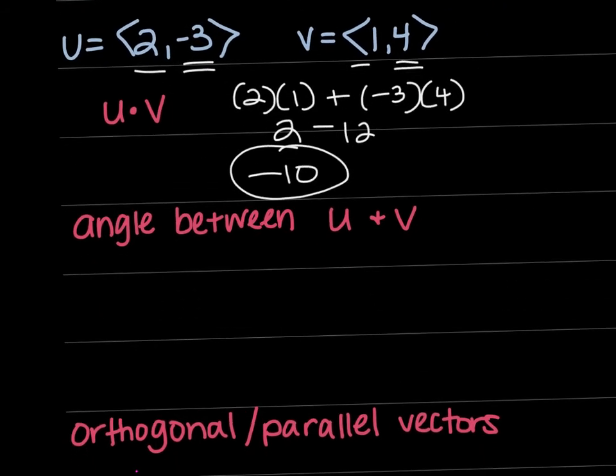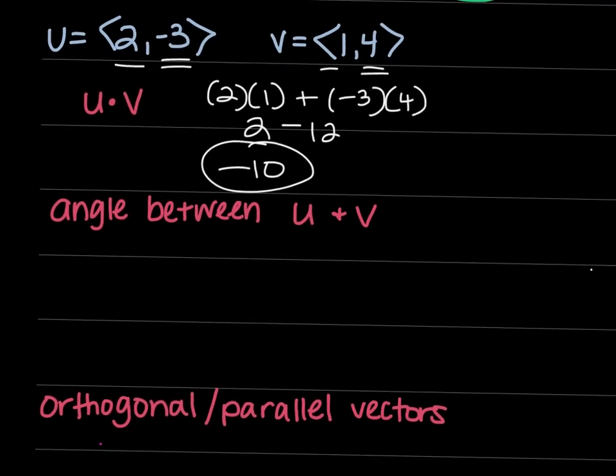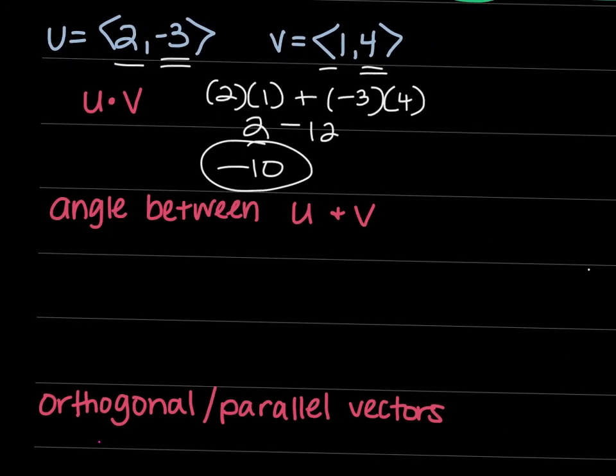The angle between the two is the cosine of theta equals the dot product over the product of the magnitudes.